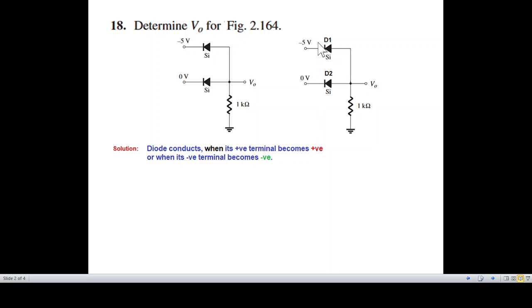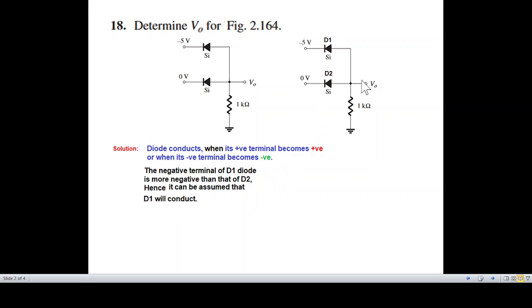Now, if we look here, the negative terminal of diode D1 is more negative than that of D2. Therefore, with this logic, D1 should conduct and D2 will not conduct, not at least at the same time. So the negative terminal of D1 diode is more negative than that of D2. Hence, it can be assumed that D1 will conduct.